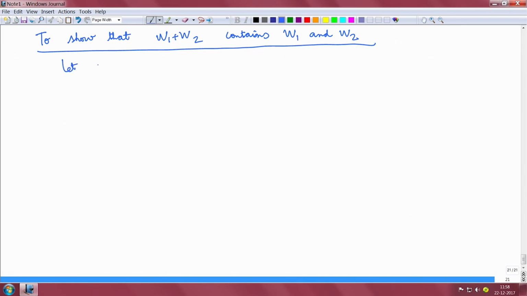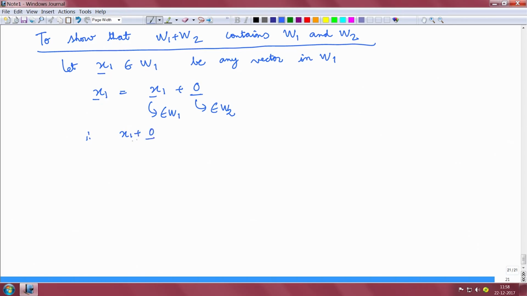For that, let x1 be any vector in W1. This x1 can be written as x1 plus 0. Now, this x1 belongs to W1, and as the 0 vector belongs to any subspace, this 0 belongs to W2. So, therefore, this x1 plus 0 belongs to W1 plus W2, which is nothing but the x1 vector belongs to W1 plus W2.